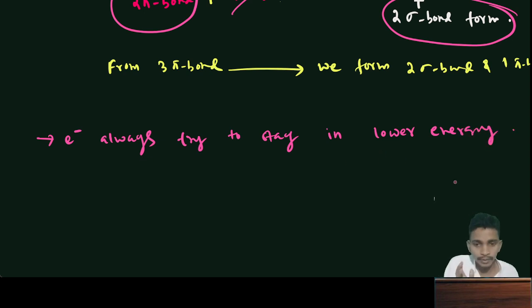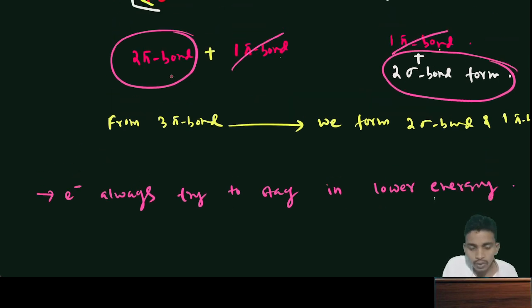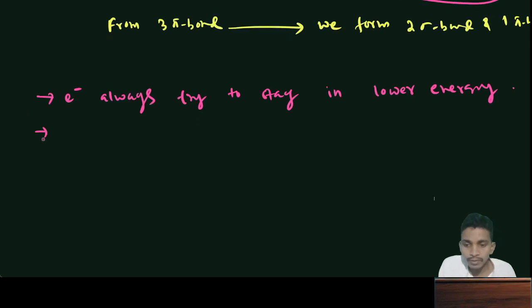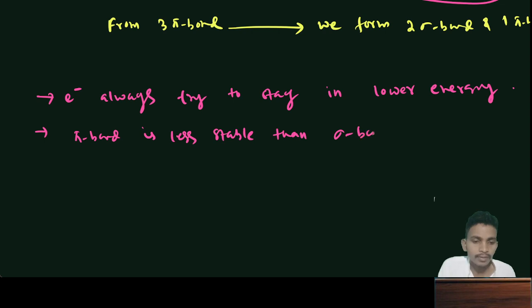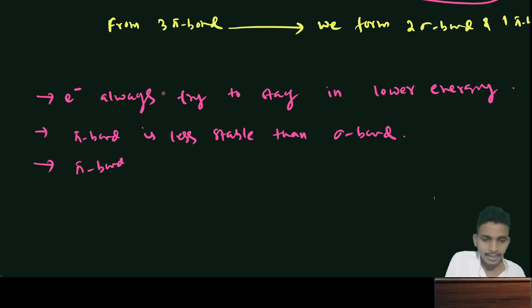Now when the electrons are in the pi bonds, the pi bond is less stable than the sigma bond. Where the electron is in high energy, it is less stable, because electrons always try to stay in lower energy.